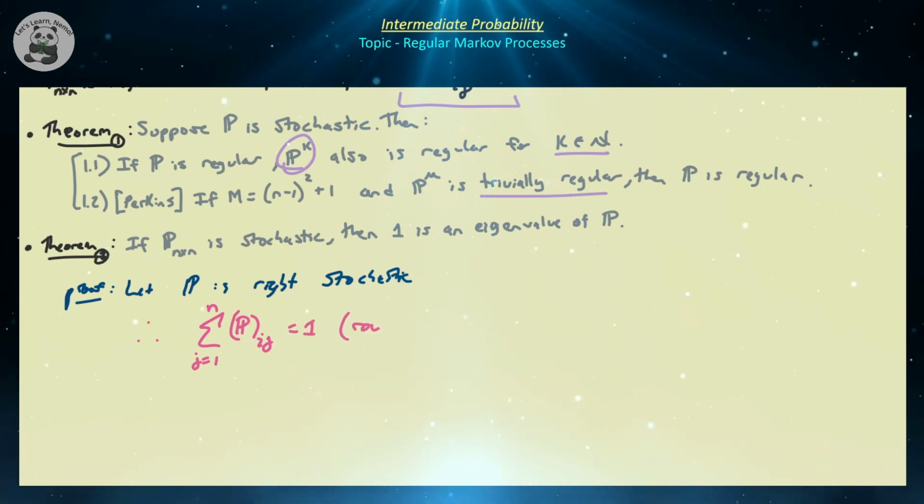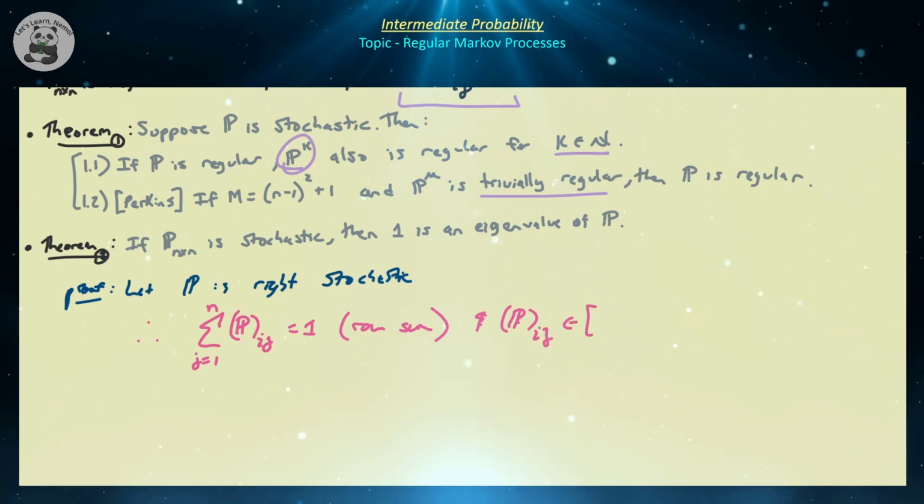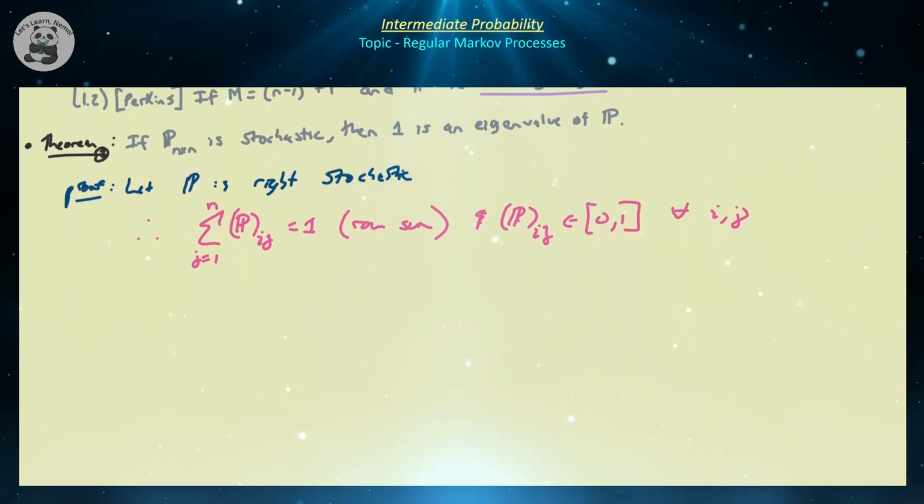So this is obviously a row sum. That's the first property for it to be right stochastic. And the second property, which is also true for left, is that P_ij belongs to [0, 1], and that has to be true for i, j ranging from 1 to n. All right? So that's what we mean by right stochastic matrix.